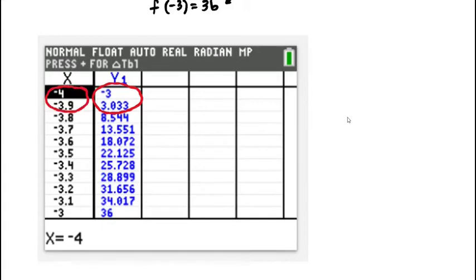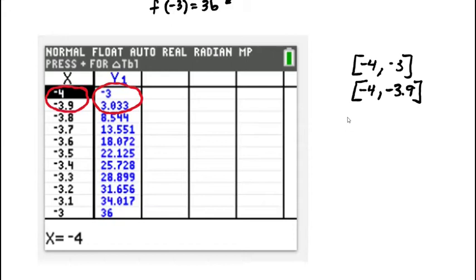So I know that originally we have shown that the 0 is on the interval from -4 to -3, and now we've narrowed that down even more to say that that 0 must be between -4 and -3.9.